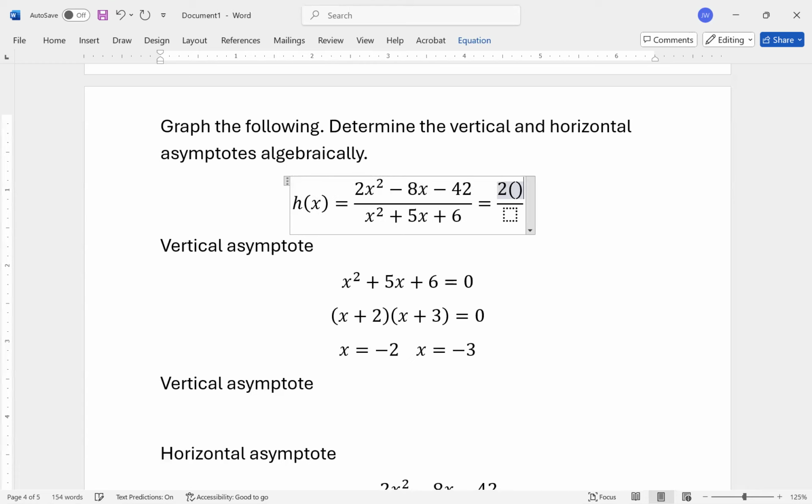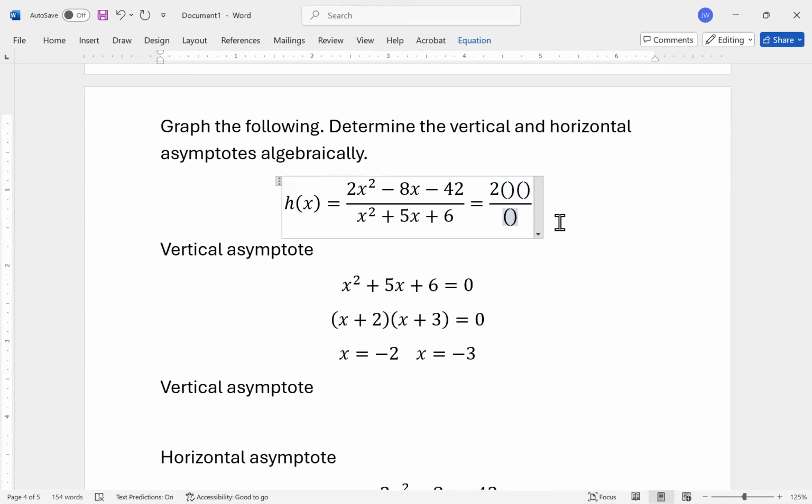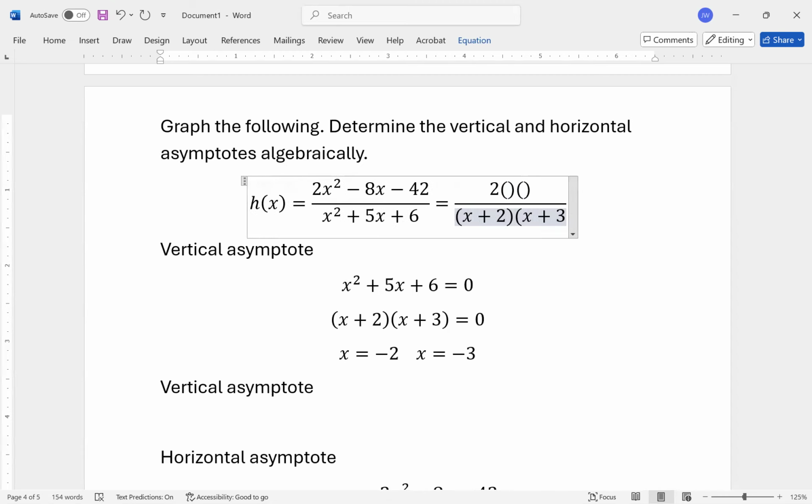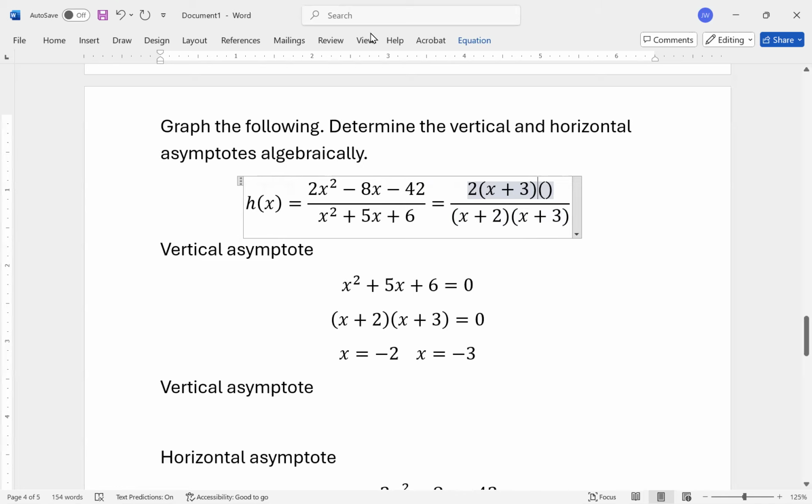It turns out, I won't go through the factoring process, but we've already factored the denominator. That's x plus 2 times x plus 3. The numerator is 2 times x plus 3 times x minus 7. So notice what we could have done.